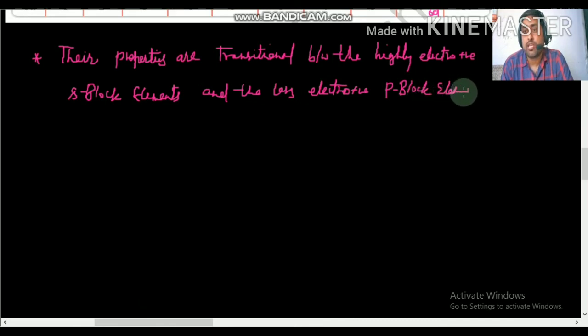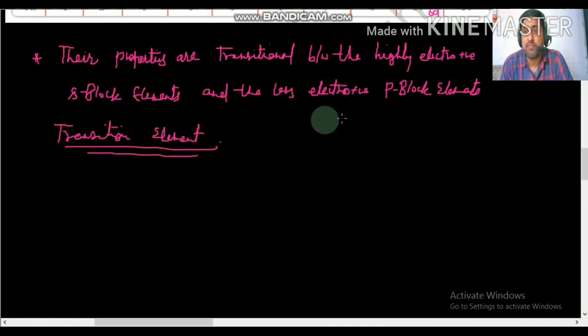That's why they acquired the name transition elements. This is the reason behind this name.